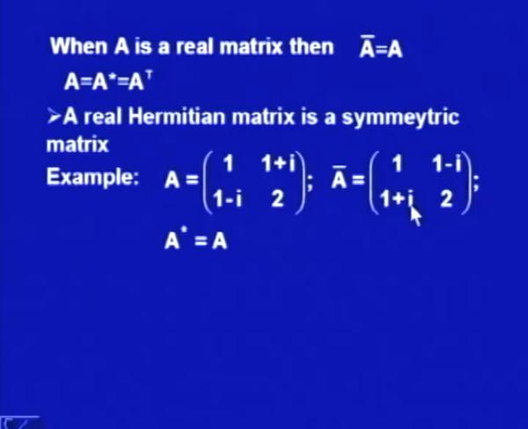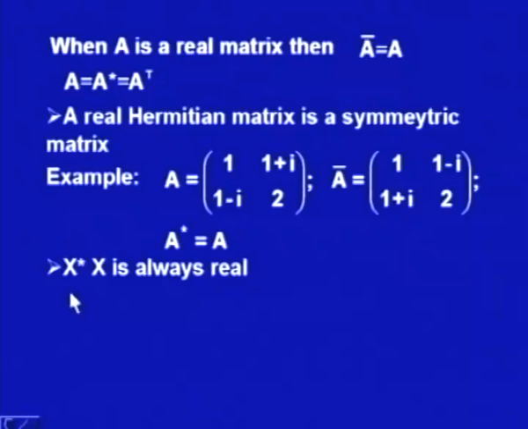And if you take the transpose, then A star is equal to A, because when you take the transpose, this 1 plus i will go here and this 1 minus i will come here. So A bar transpose is nothing but A. So this matrix is a Hermitian matrix.